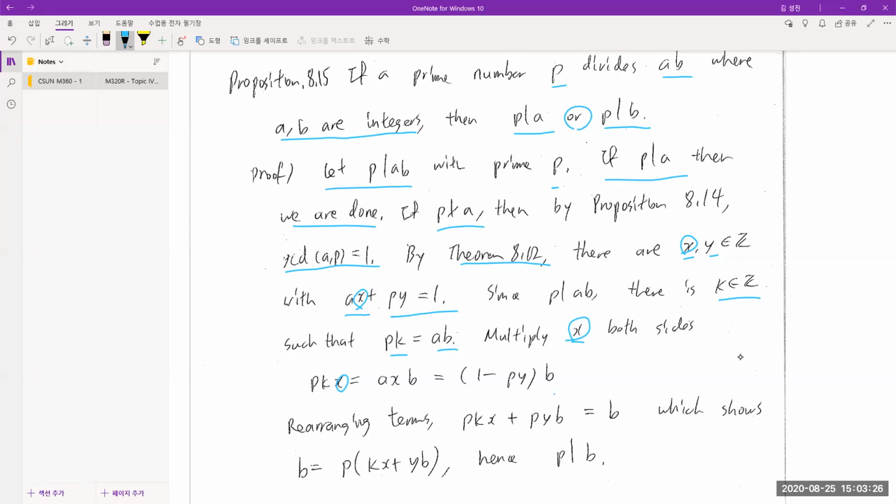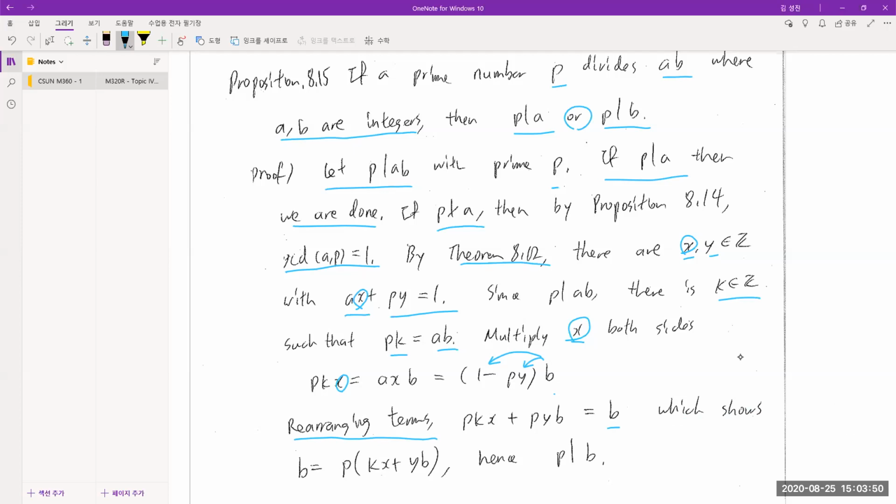Rearranging the terms, we can collect everything including P on one side, Pkx and Pyb. But then on the right side, by distributing the product here, the right side is only b.